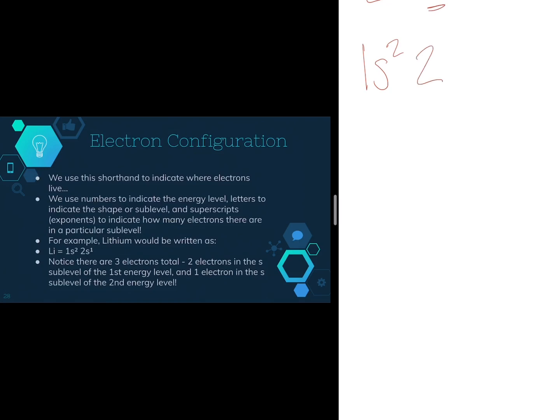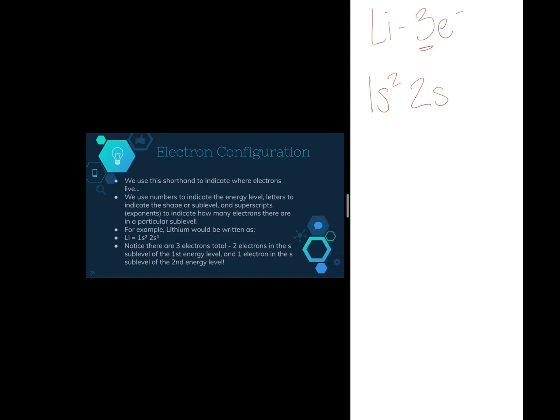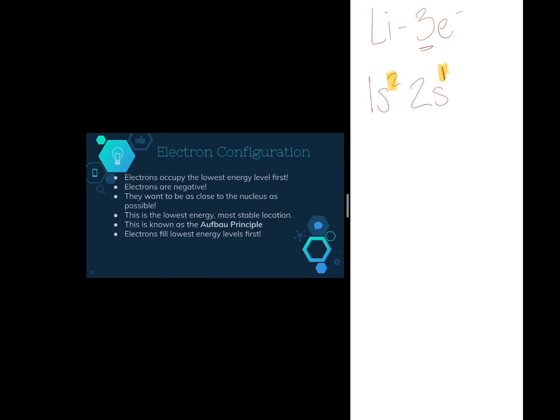I'm trying to get to 3, so I have to keep going. Now I'm on my second energy level, the S sublevel, and it can hold 2, but I only need 1 more. So this 2 and this 1 add up to 3. 1s2, 2s1 is the electron configuration for lithium. And I'll show y'all kind of a shortcut for that in just a second.